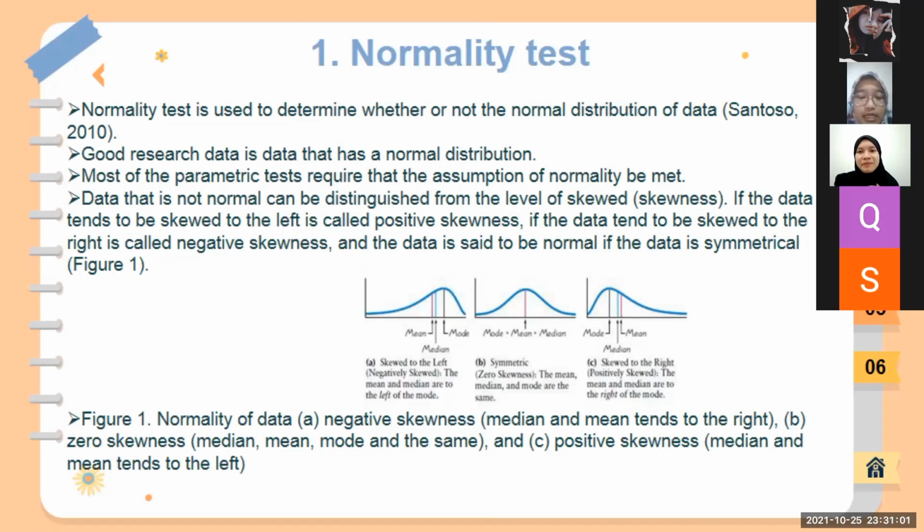The data is said to be normal if the data is symmetrical. This is like figure one. You can see the normal data: A is negative skewness, B is zero skewness, and C is positive skewness.